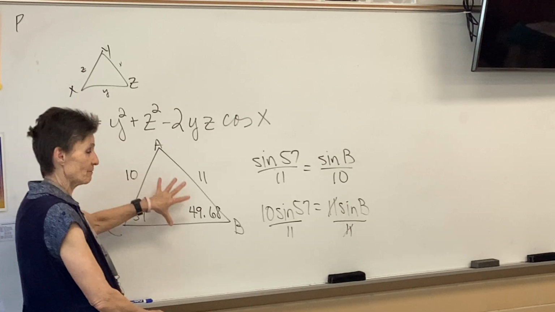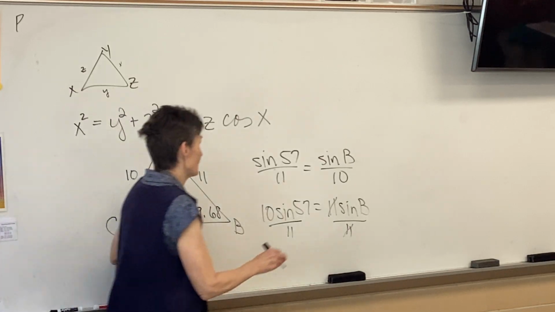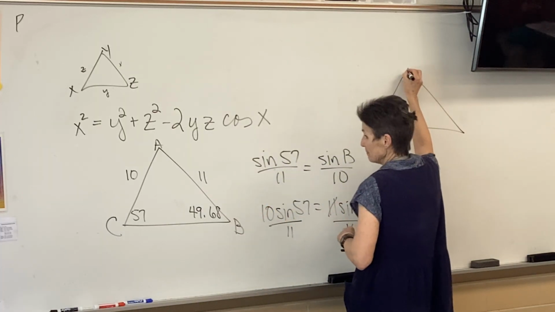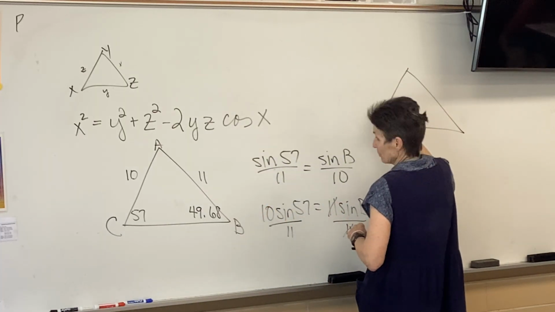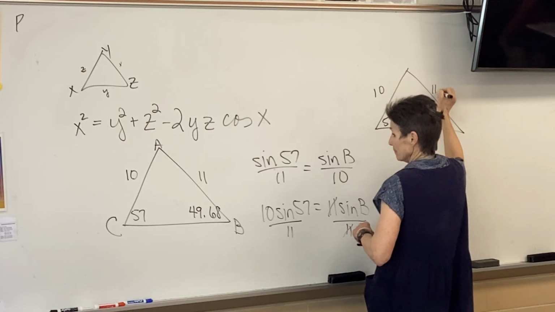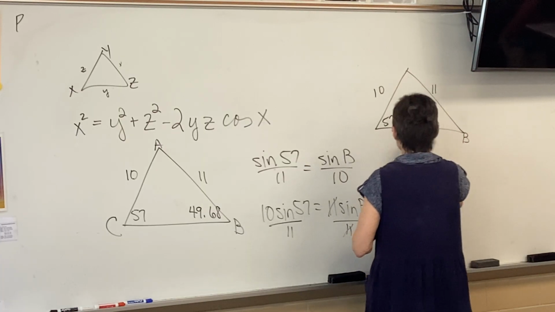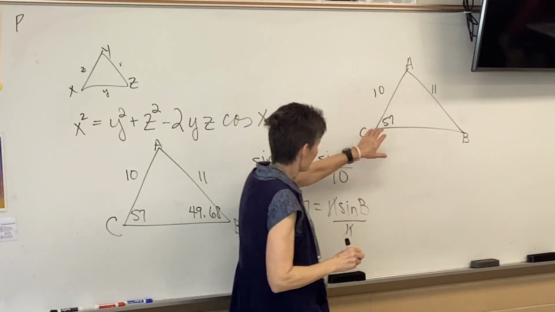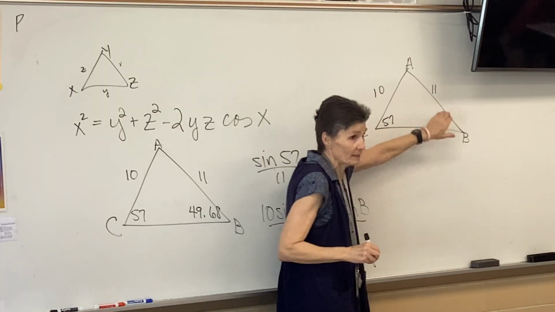So I'm going to have to finish that triangle, but before I do, I want to make sure I don't forget there could be another one with the same exact given.